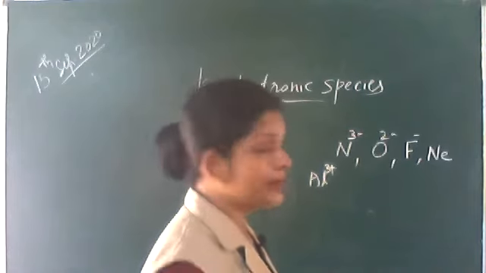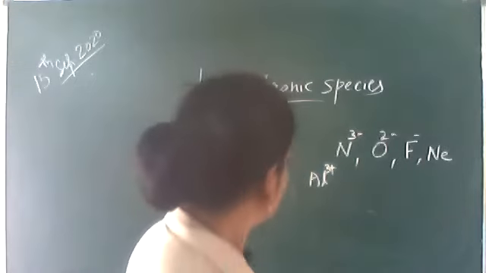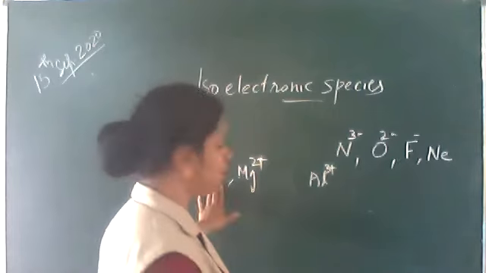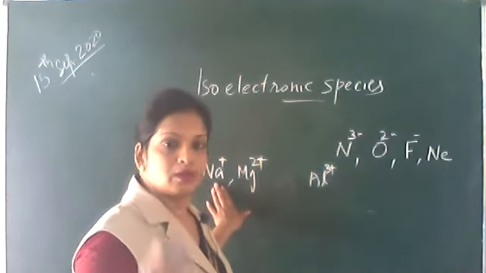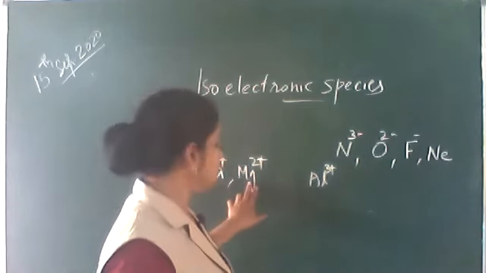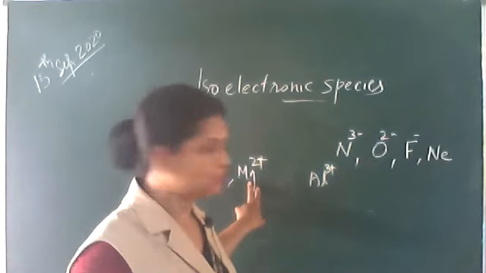Now compare the sizes of these isoelectronic species. Here all have 2 shells. See, Na plus: when that 1 electron is lost, the last shell is not there. Previously there were 3 shells, now only 2 shells. Mg2 plus, the last shell's 2 electrons gone, now it has 2 shells.